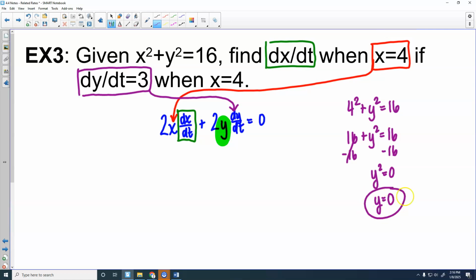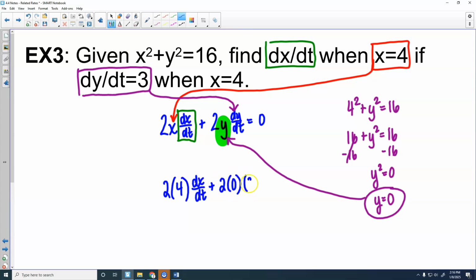So we'll take that and plug it in right here. So we've got 2 times 4 dx/dt plus 2 times 0 times 3 equals 0. I don't love the answer to this, but that's what happens.